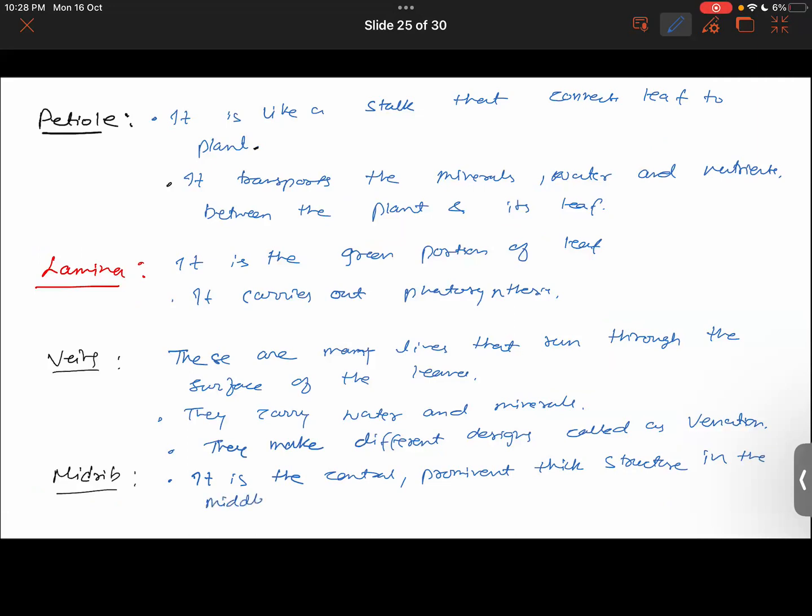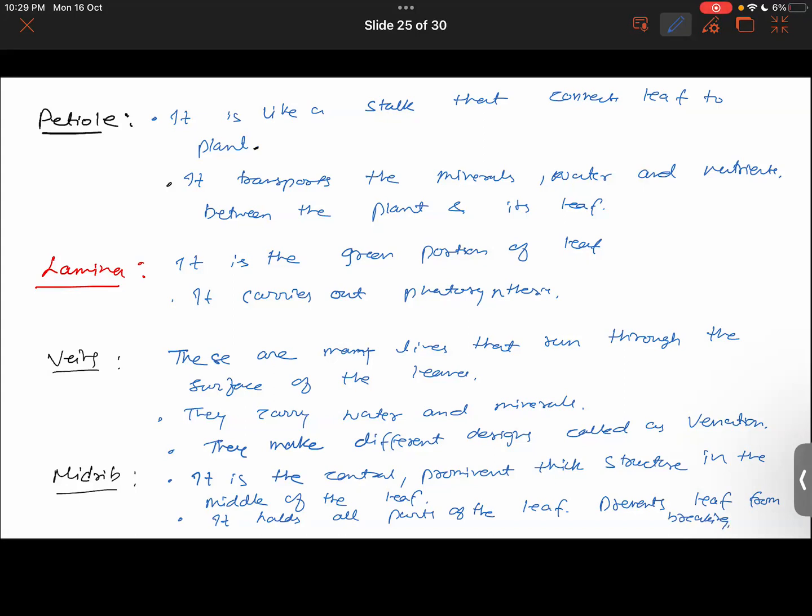What function does it perform? It holds all parts of the leaf, and also prevents the leaf from breaking. Is this much clear?